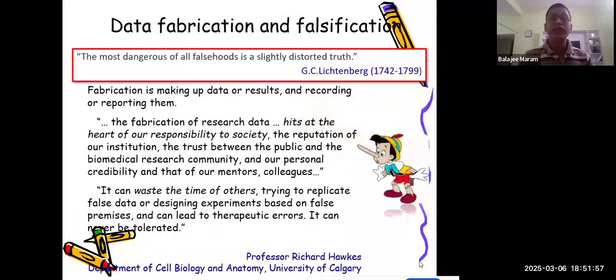Okay, data fabrication and falsification. Nowadays, so many cheaters are available in the research world. They are fabricating the results, without doing any practical implementation, they are fabricating something. They are knowingly or unknowingly giving some results. Definitely your research work will be in trouble when you do such nonsense things, data fabrication or data falsification. Whatever you want, you need to check the practical.